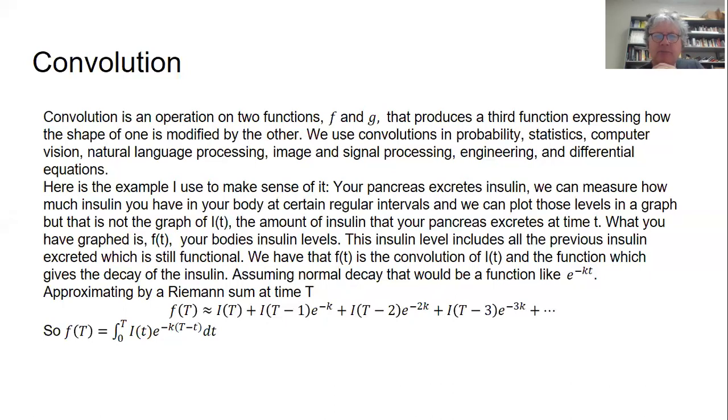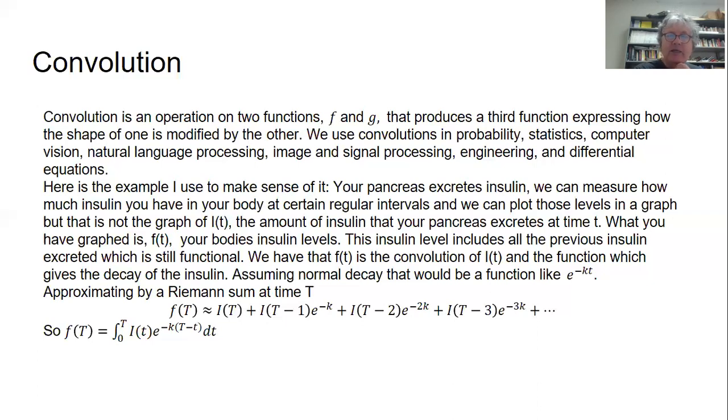But there's a catch, right? Because insulin, once it's in the body, degrades, gets used up, it decays somehow, okay? So when I'm talking about one function modifying another, the decay function of the insulin is modifying the insulin production from the pancreas to get how much insulin is actually in your body.